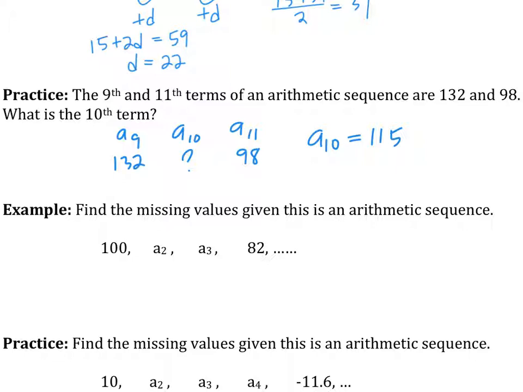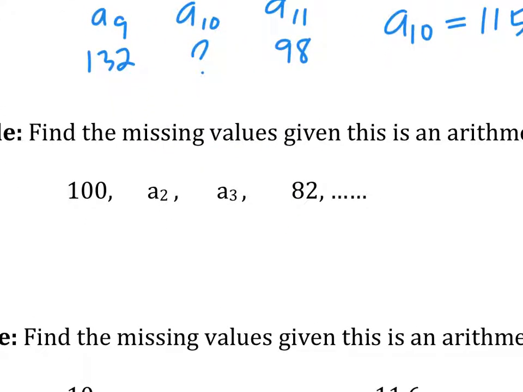100, skip, 82. So this question, we can't use the arithmetic mean, because in order to use the arithmetic mean, I would actually be finding the number right in the middle of the two numbers. That would make no sense. So what should we do?